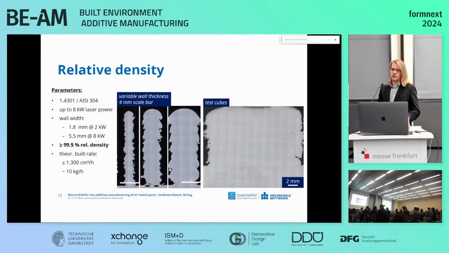So how much percentage of the volume is actually filled with metal and not with air or pores or gases, for example, because that would lead to mechanical failure. And in general, we got above the 99.5% threshold, which is the usual threshold. So you could say that we are actually printing completely dense cubes, for example.